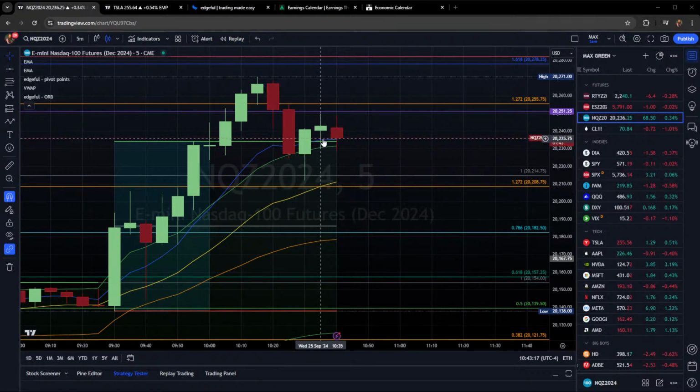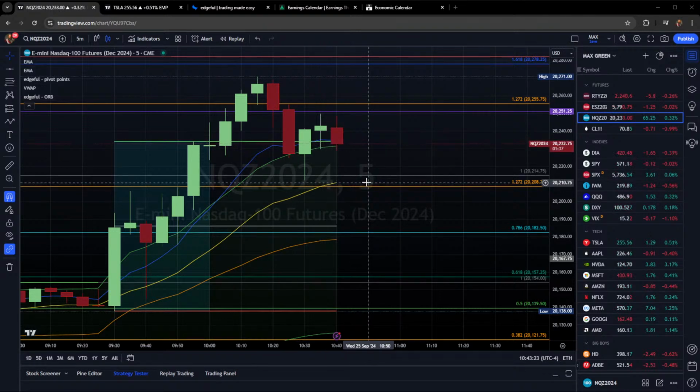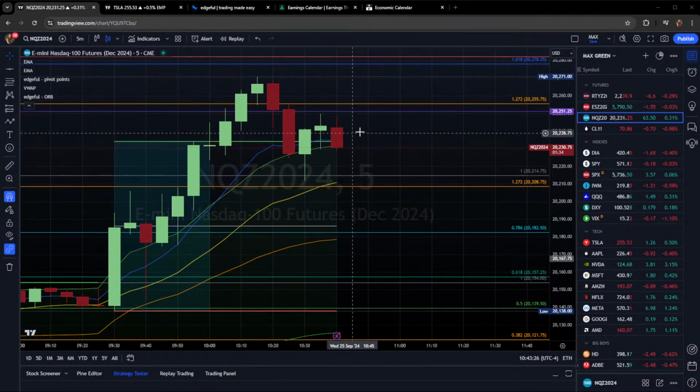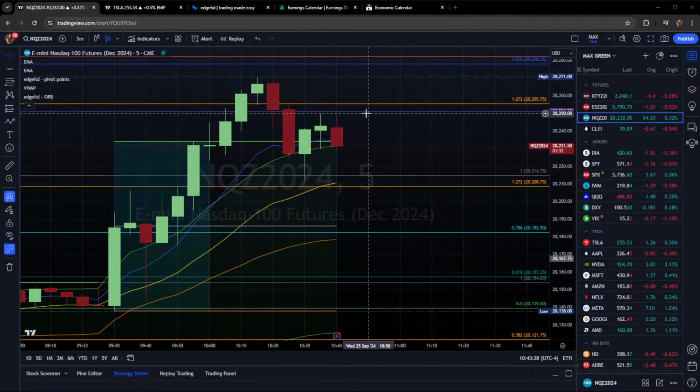It's still holding like EMA9. I mean, a lot to get through right here. But if it gets through that, we should see this. Boom. I like how we failed right here again.